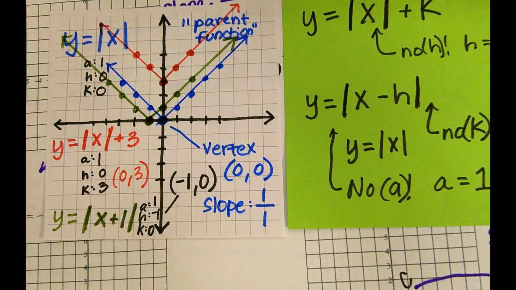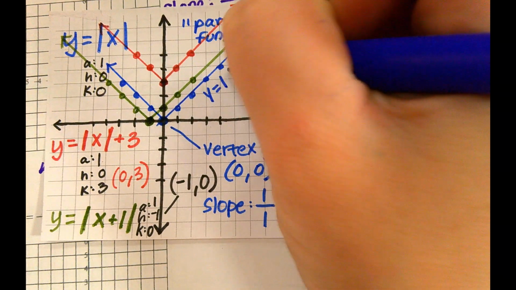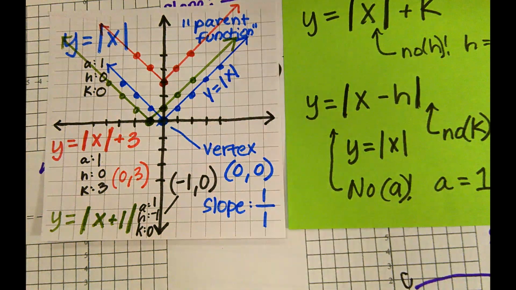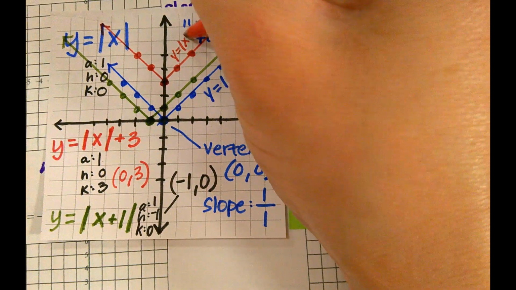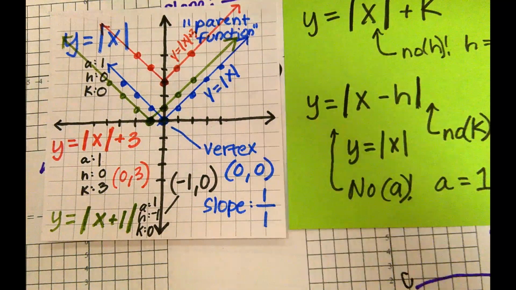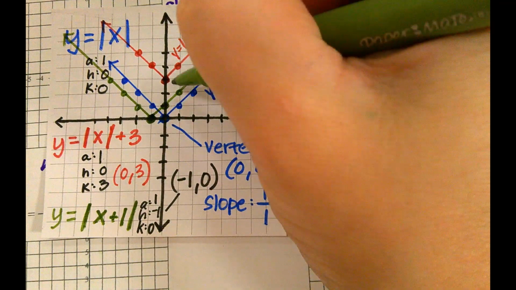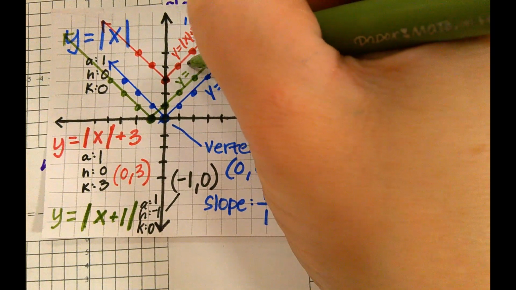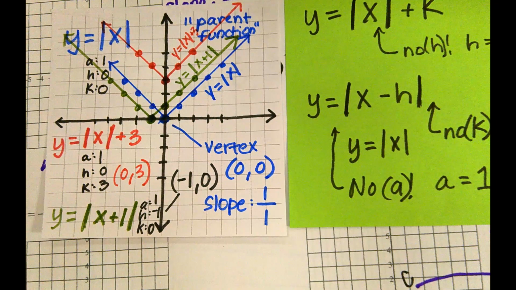See that now? So the blue one was y equals absolute value of x. The red one was y equals absolute value of x plus 3. And the green one is y equals the absolute value of x plus 1 on the inside.